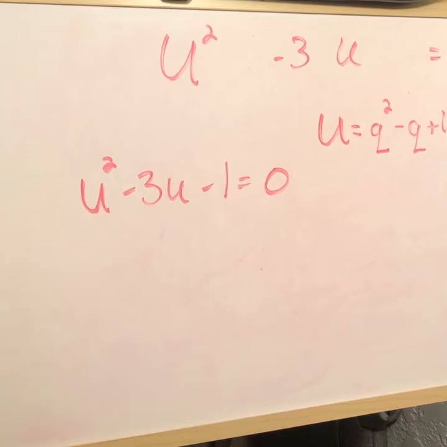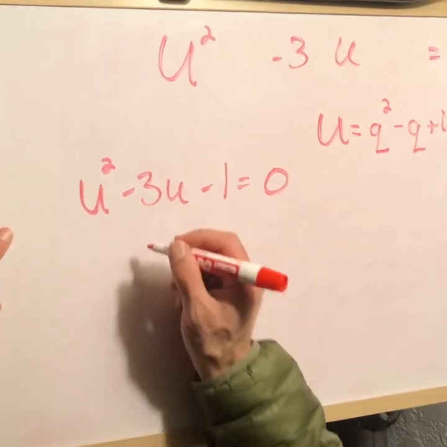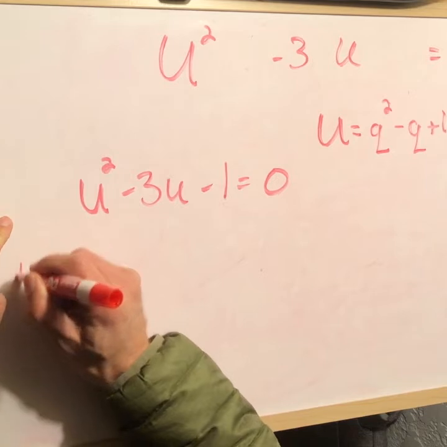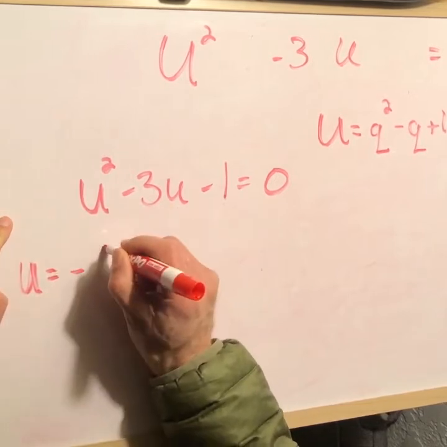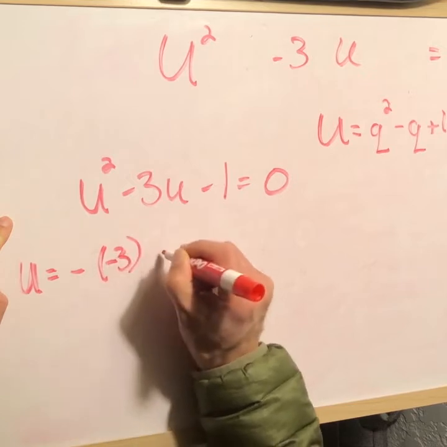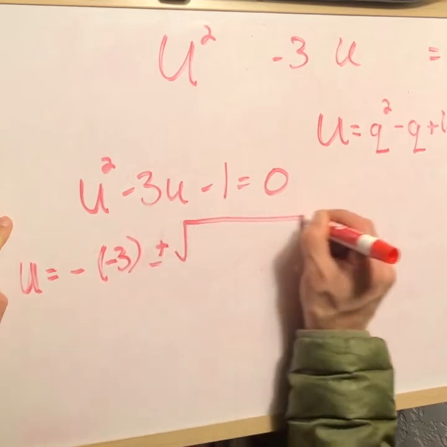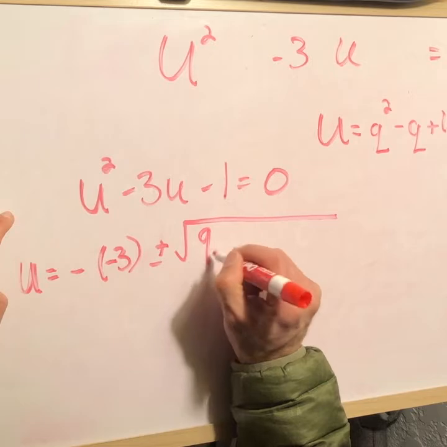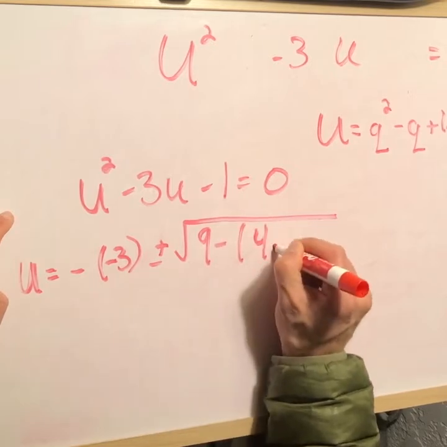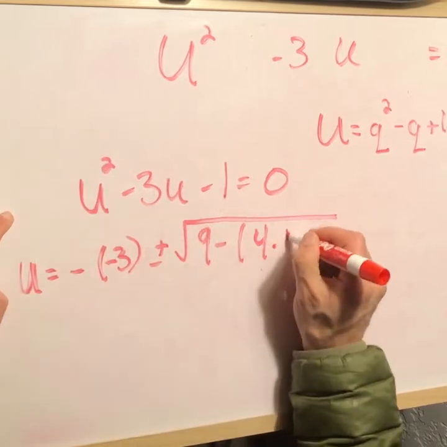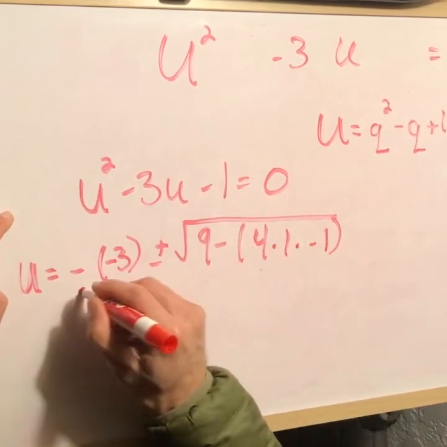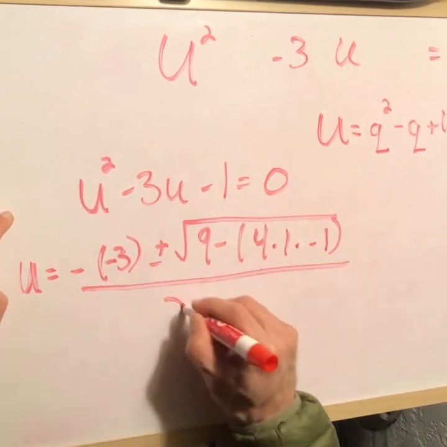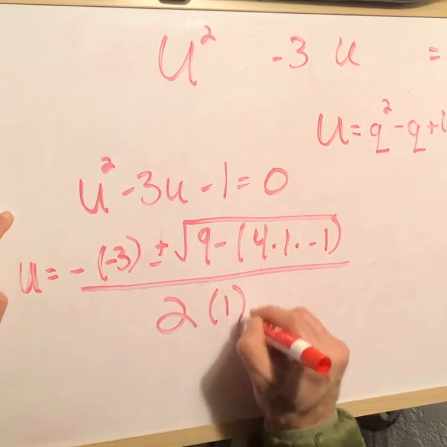So with the quadratic equation, I'm going to set it up as u equals negative b plus and minus the square root of b squared minus 4 times my a times my c, all divided by 2 times my a.